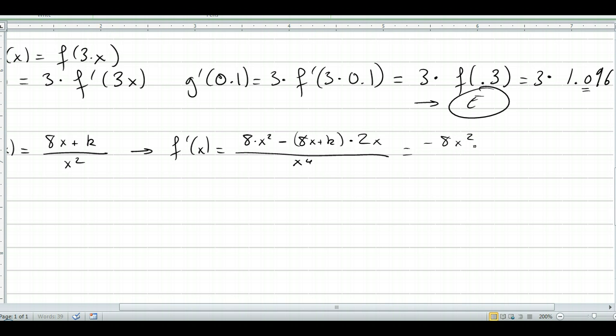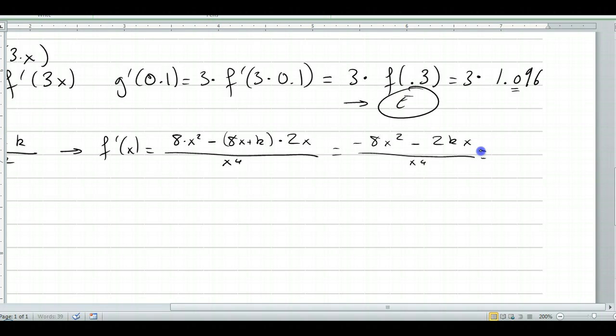And then we have minus 2kx over x to the fourth, so it is negative 8x minus 2k over x cubed.